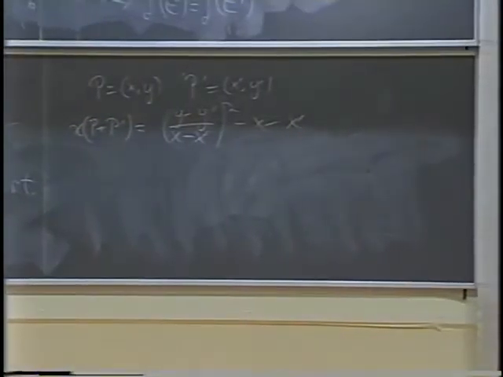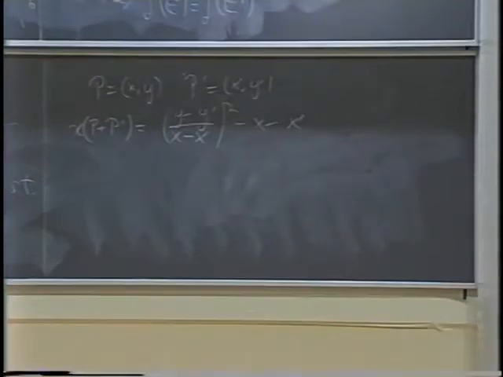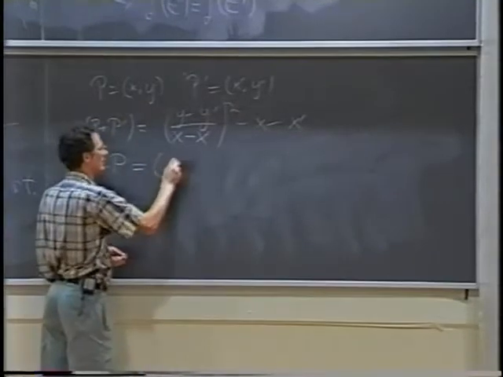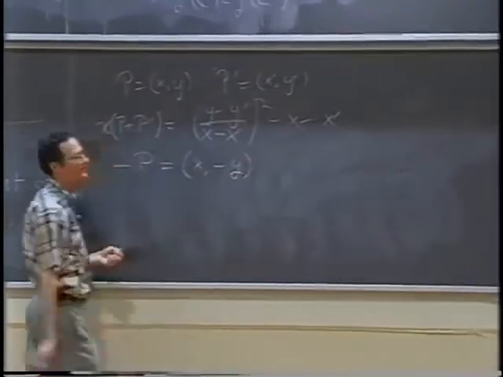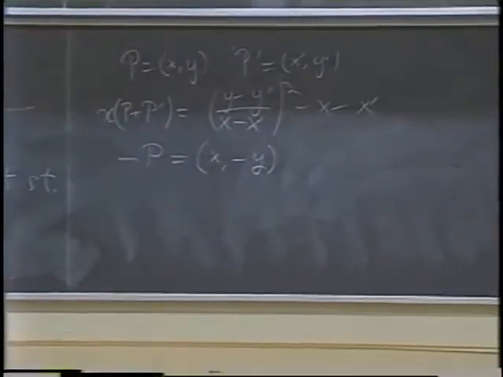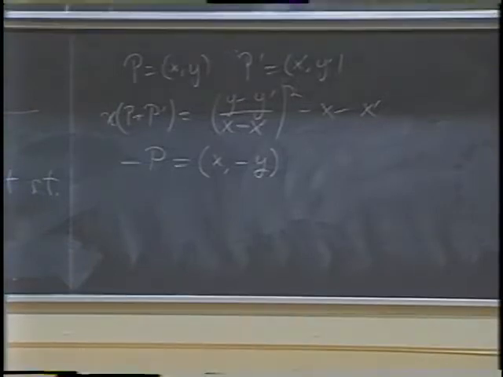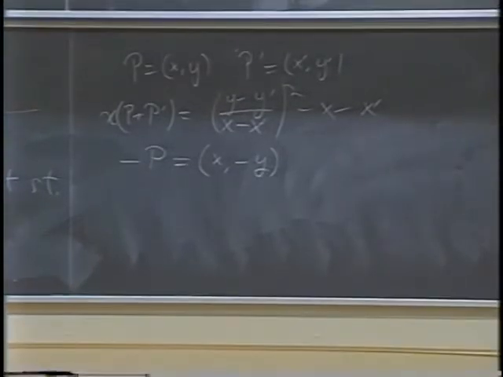And there's similarly formulas for doubling a point and things like that. I'll just also mention the additive inverse of a point is just you change the sign on the y-coordinate. I'm working exclusively on these simpler Weierstrass equations, just to make life a little easier.